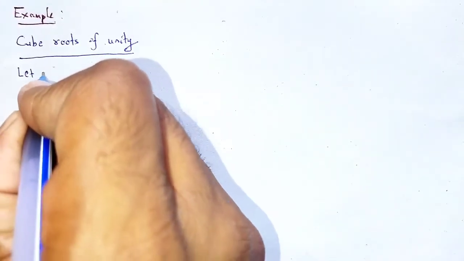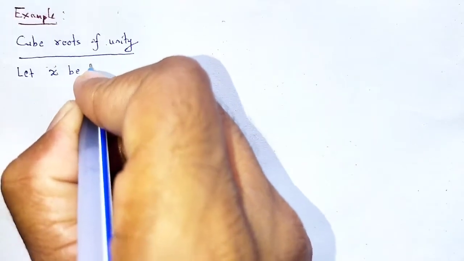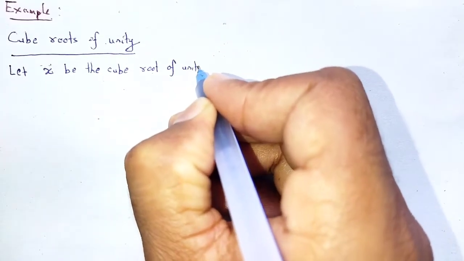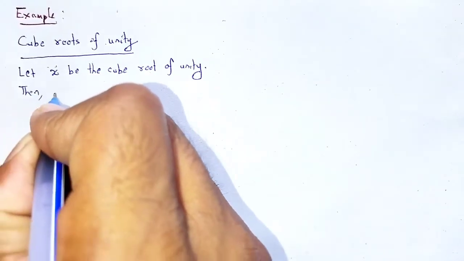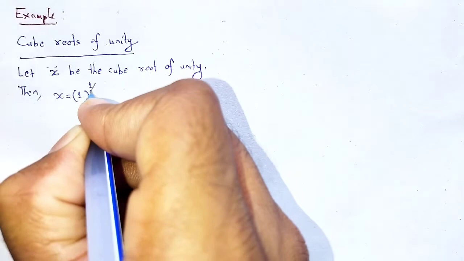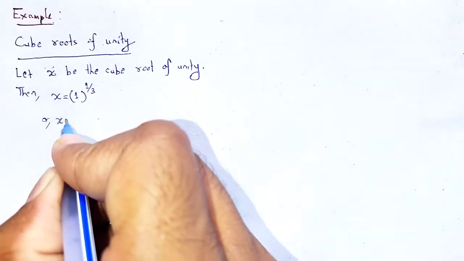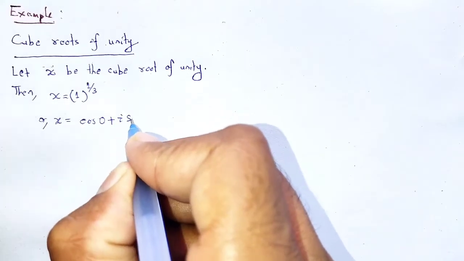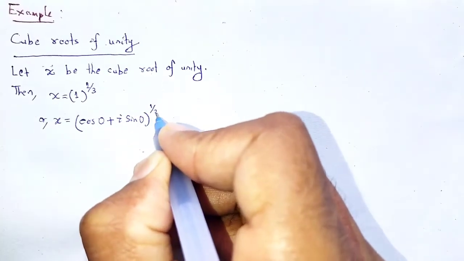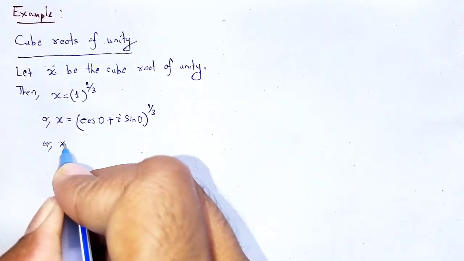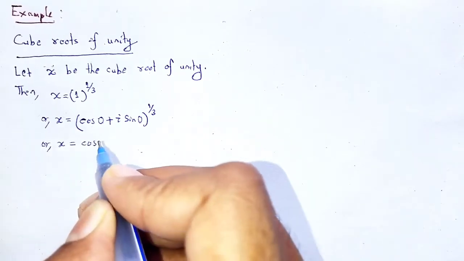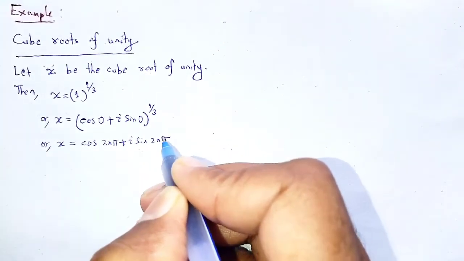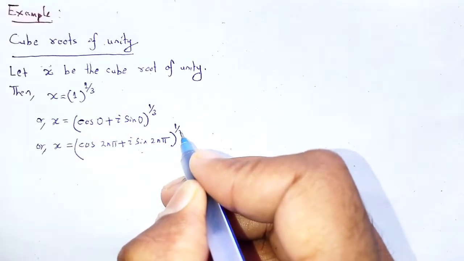Let x be the cube root of unity. Then x is equal to 1 to the power 1 by 3, or x is equal to, in place of 1 I write cos 0 plus I sin 0, to the power 1 by 3, or x is equal to (cos 2n pi plus I sin 2n pi) to the power 1 by 3.